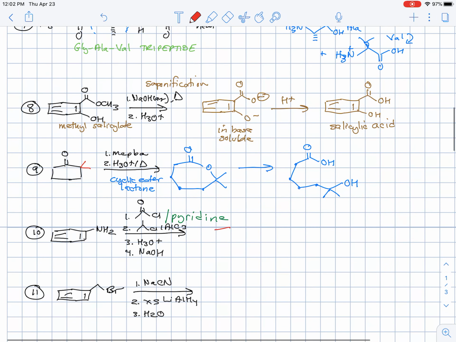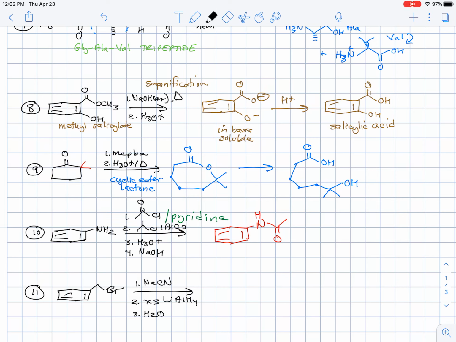So the first thing that's going to happen is we're going to make this amide. And now we're going to do a Friedel-Crafts reaction on that amide.